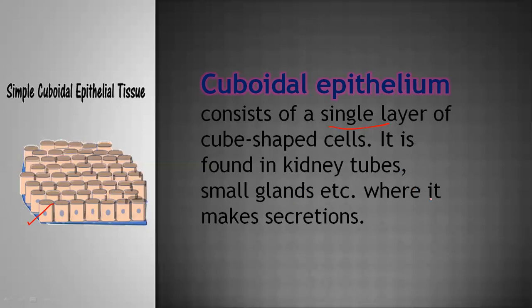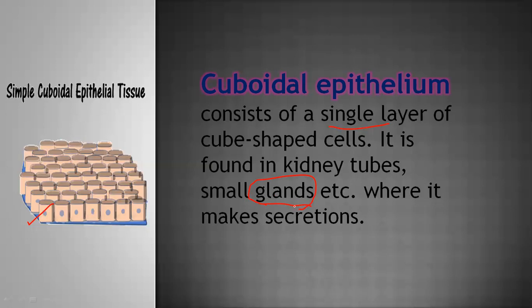And what is the function of these cuboidal epithelial cells? They make secretions, because they are present in the glands. Glands are actually very small, sometimes rounded, sometimes having different shapes and structures, present on different parts of the body to produce secretions, especially hormones and enzymes.